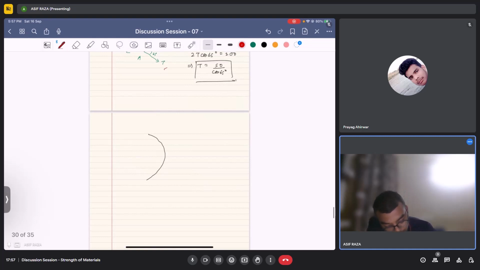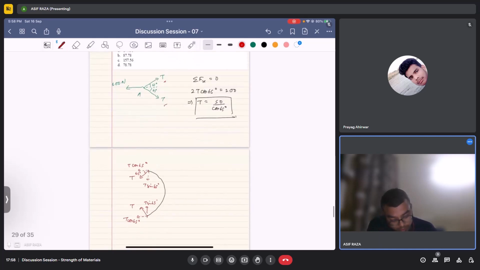If I resolve it component-wise, this would be 65, so T cos 65, T sin 65, T sin 65, T cos 65.